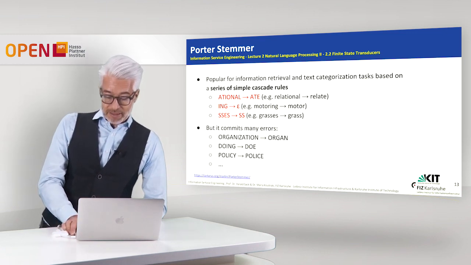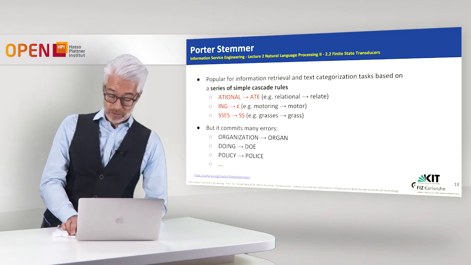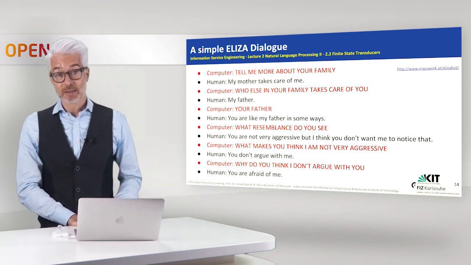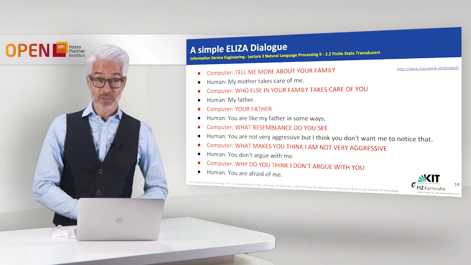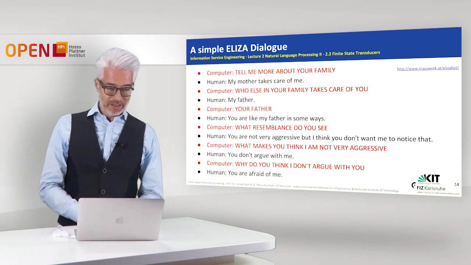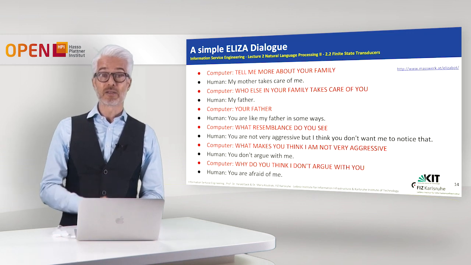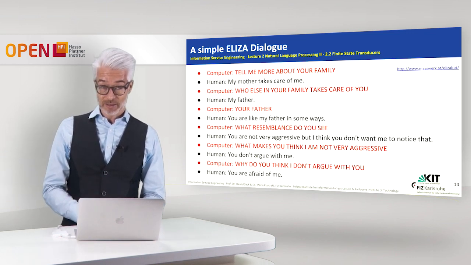Another prominent example of what can be done with finite state transducers are chatbots. You probably are familiar with chatbots, and one of the very first chatbots and the most famous chatbot is the so-called ELIZA chatbot. ELIZA was implemented by Weizenbaum, a very famous computer scientist working in artificial intelligence, and he used these kinds of finite state transducers to implement a chatbot that pretended to be a human psychiatrist.